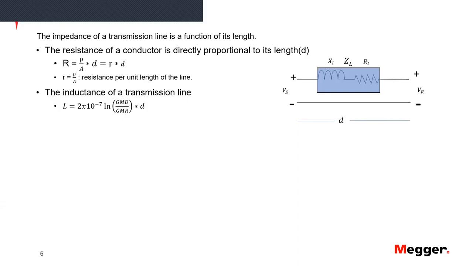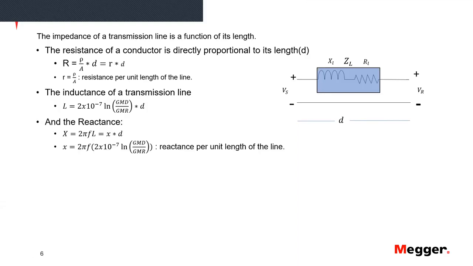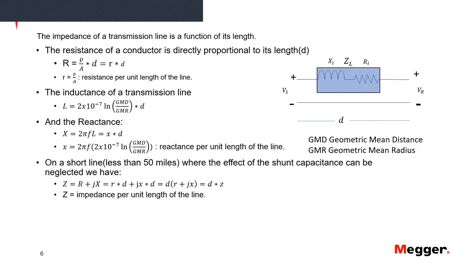I can also say that the inductance of the transmission line is proportional to its length, and of course the reactance, which depends on the inductance, is proportional to the length of the line. And here we have the reactance per unit length of the line. For those who don't remember their time studying electrical systems, GMD and GMR are defined on the side here as geometric mean distance and geometric mean radius.